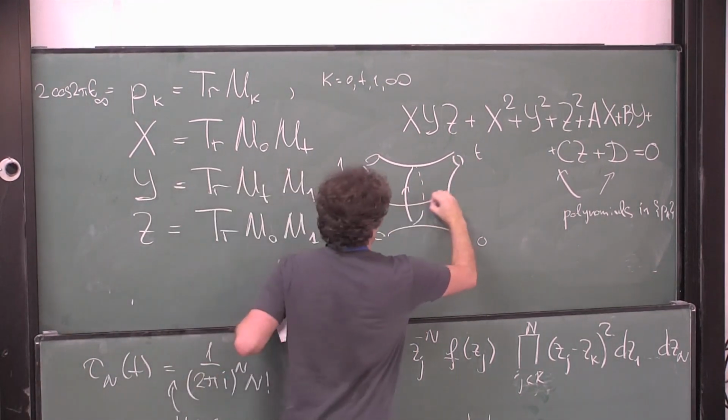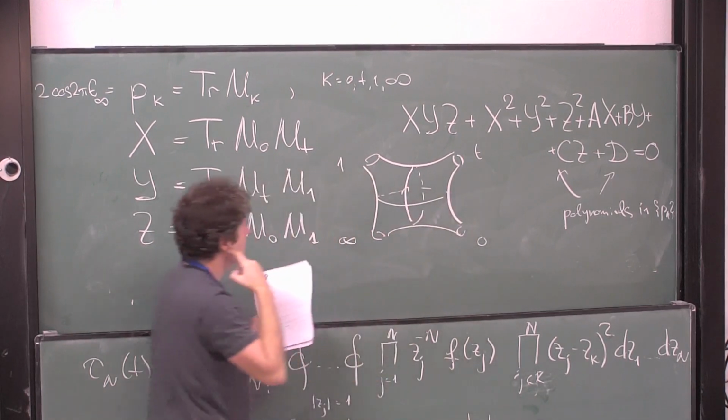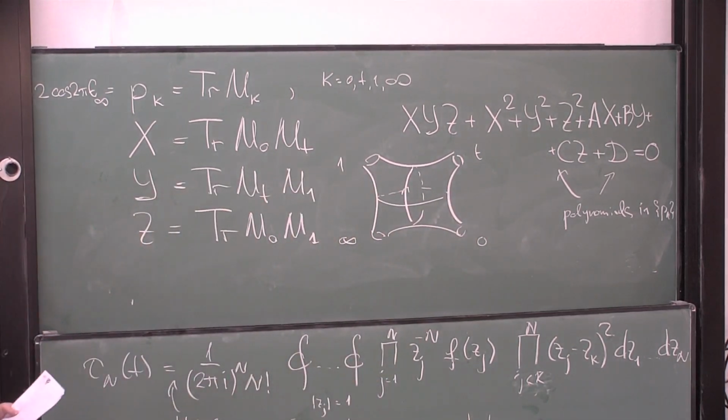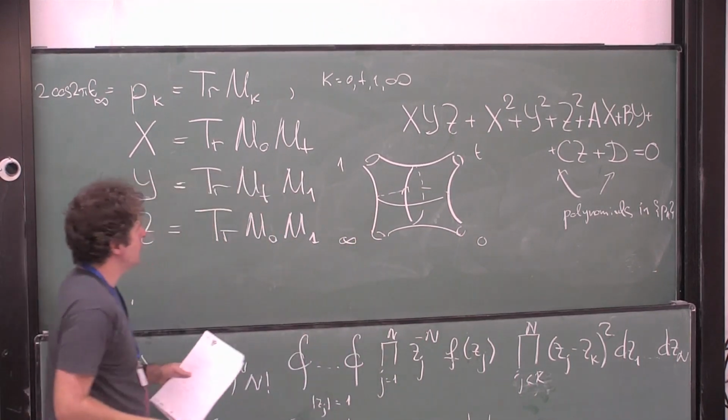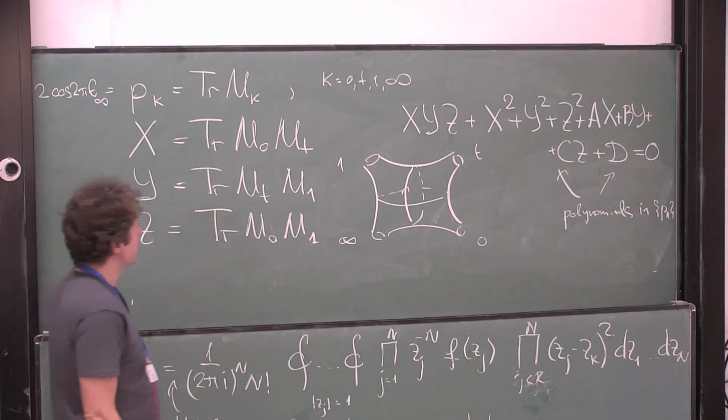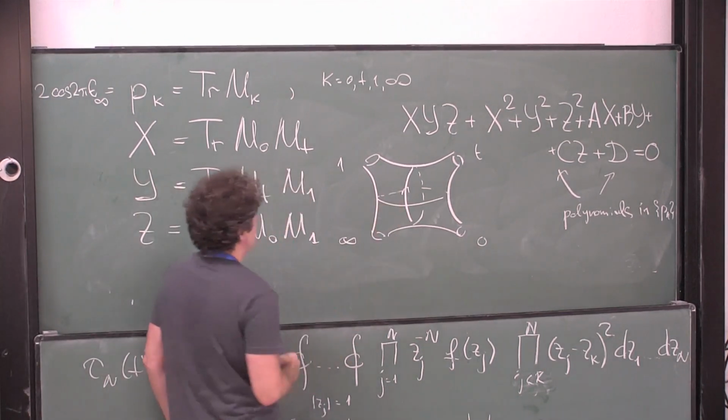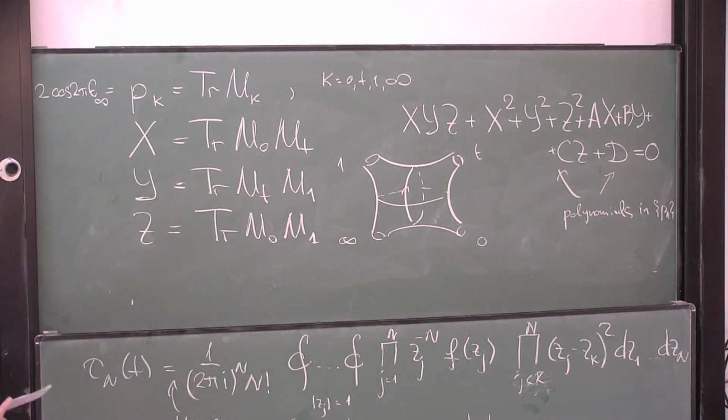You have y similarly related to the composite monodromy around t and 1, and the third trace function, well, you can imagine what it is.